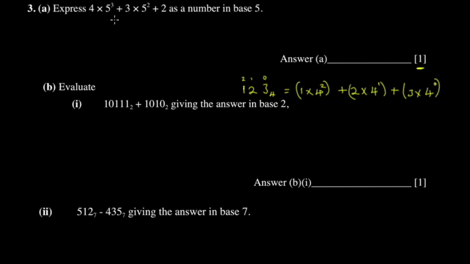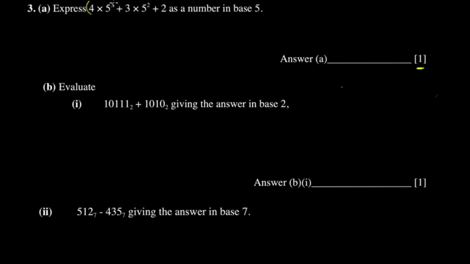This is the same format you're given here, but the only difference is that this format is missing some elements. We have 5 to the power 3, 5 to the power 2, 5 to the power 1, and 5 to the power 0, but some are missing.